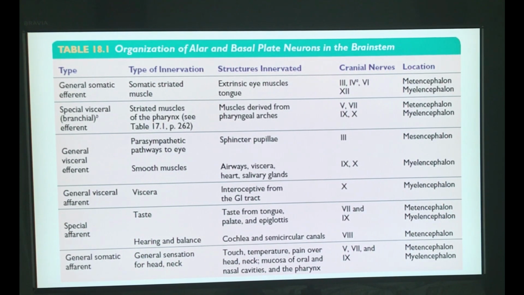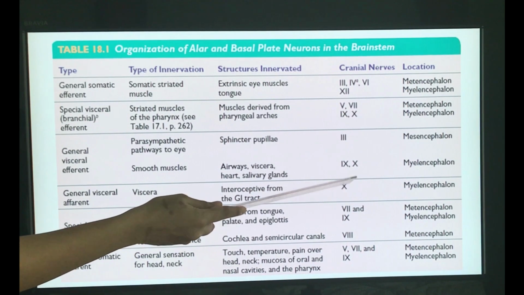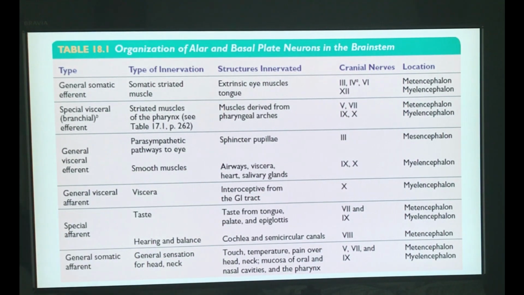Okay, so general visceral afferent, the name itself tells, mainly supplies the viscera, the visceral pain. They are carried through these fibers. So it's mainly the visceral pain from the abdominal organs, the GI tract, which is carried mainly by the vagus nerve, present in the developing medulla oblongata, myelencephalon.